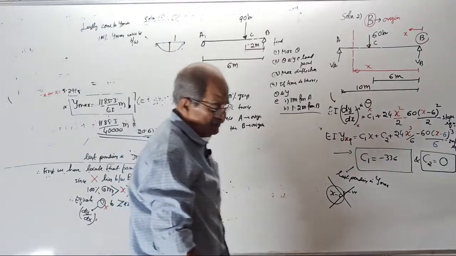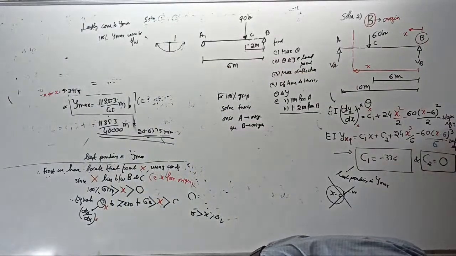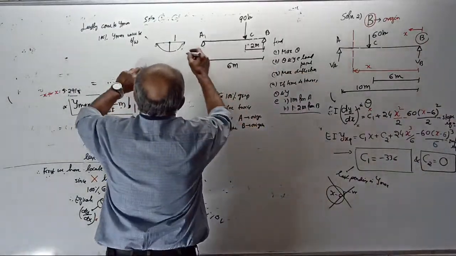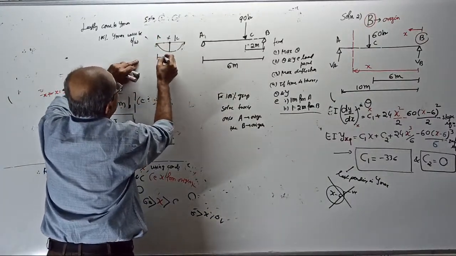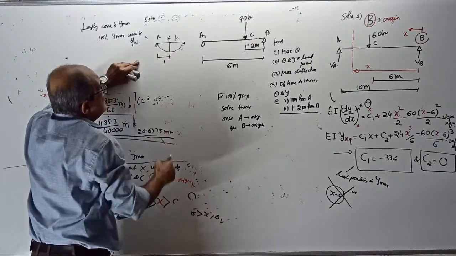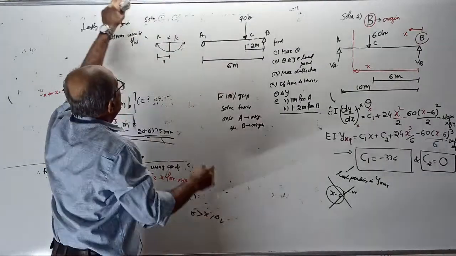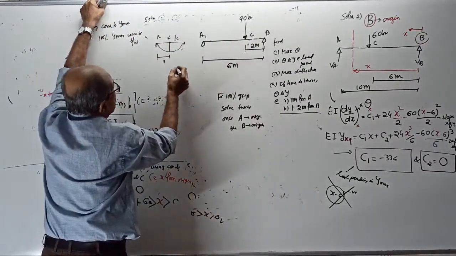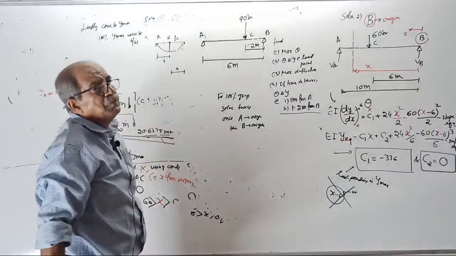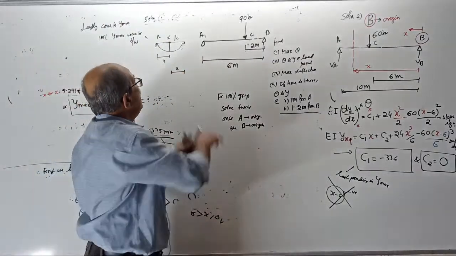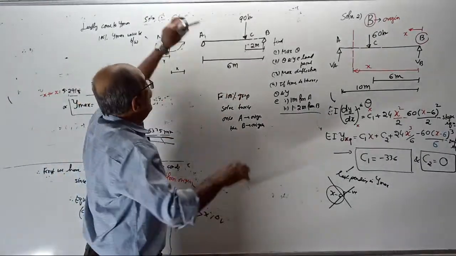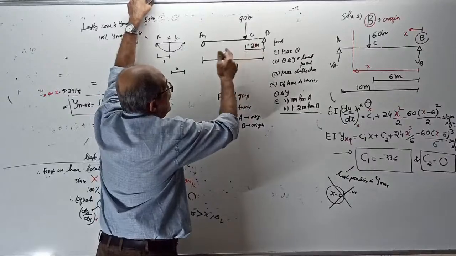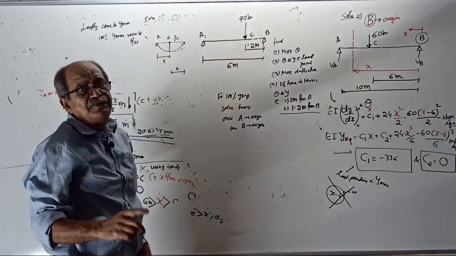Between which point? On which side? Between A and C. So take X. Once you take this X, that X is less than 4 meters. Then you take the other solution, this side X. That X should be more than 2 meters. When I take X from here, X minus 4 is not applicable. When I take that side, X is more than 2, so X minus 2 is applicable.